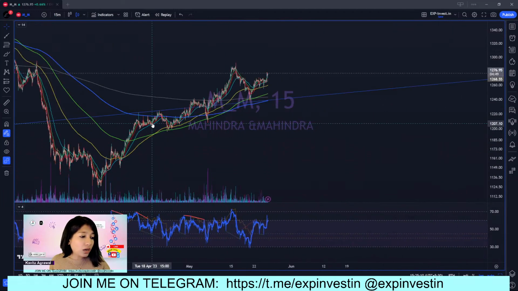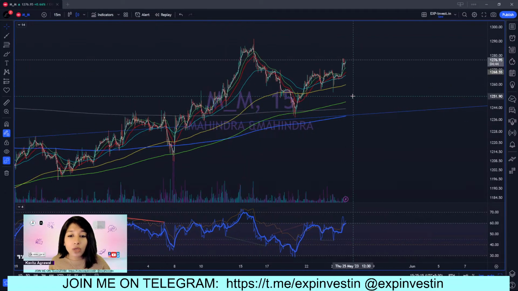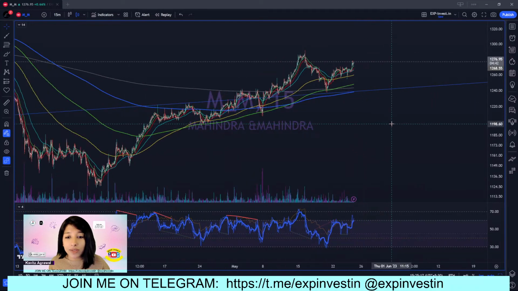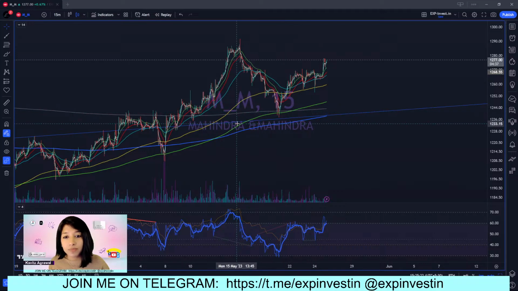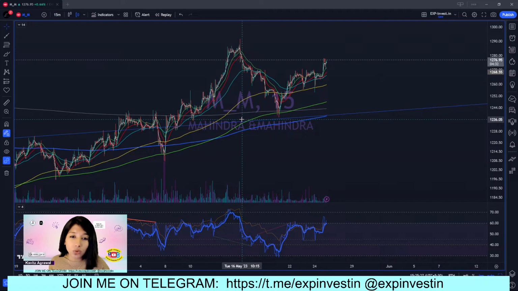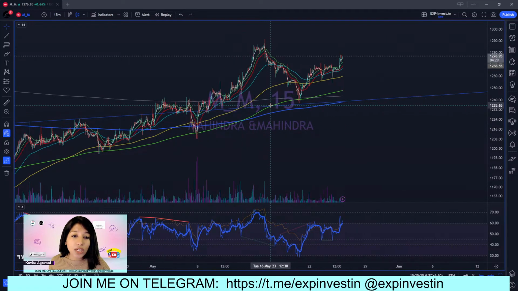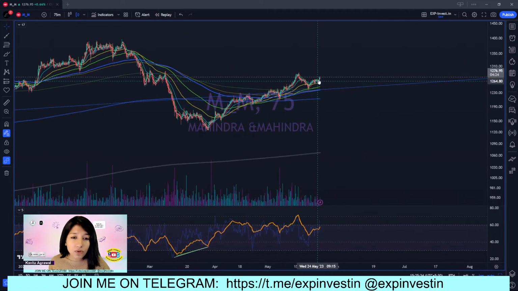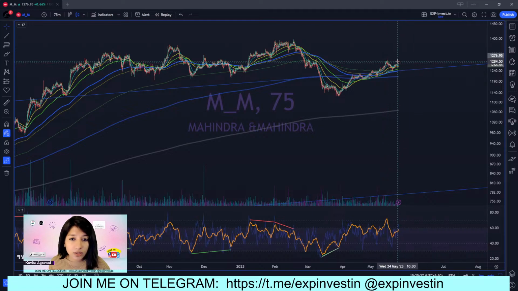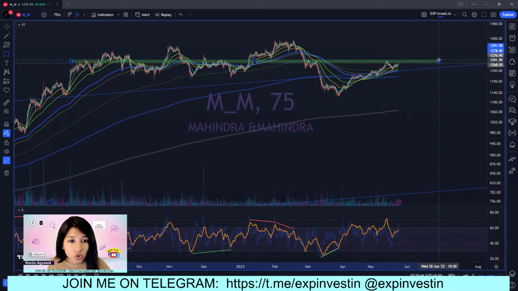So Raghava, I'm assuming that you have an active position in Mahindra and Mahindra. So if you do, I will request you to maintain a trailing stop loss at the level of 1235. Okay, so your trailing stop loss should be at 1235. And as for the target, let's see, the stock is currently very close to this strong resistance zone.